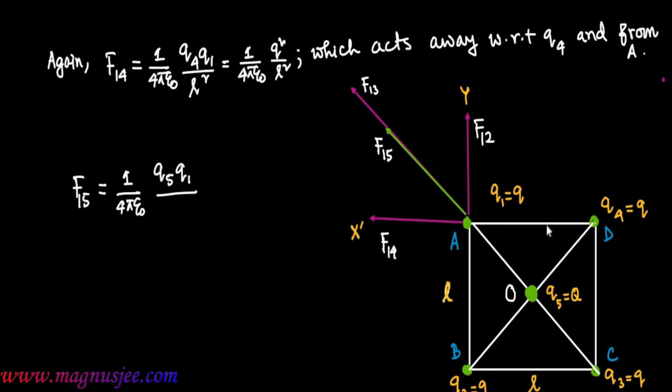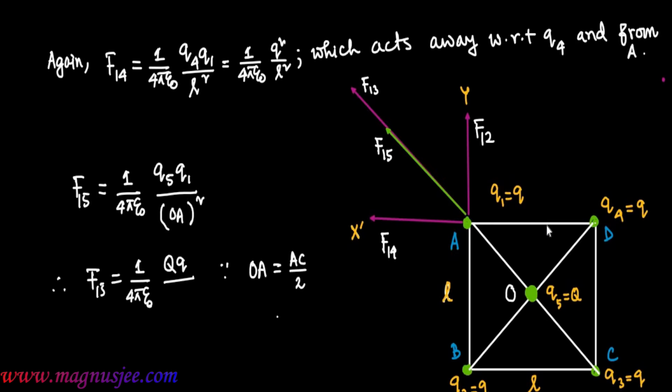Similarly, F15 is equal to 1 by 4 pi epsilon 0 q5 q1 divided by OA whole square. Therefore, F15 is equal to 1 by 4 pi epsilon 0 capital Q small q divided by L by root 2 whole square, since OA is equal to AC by 2, that is L by root 2.